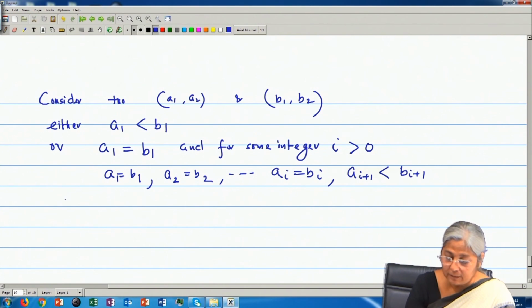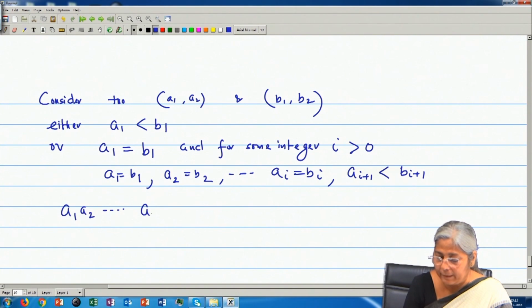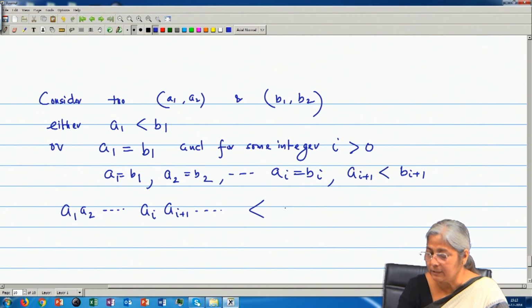Then the lexicographic ordering is that the word A1, A2, up to AI, AI plus 1 is ordered before B1, B2, B3, BI, BI plus 1.